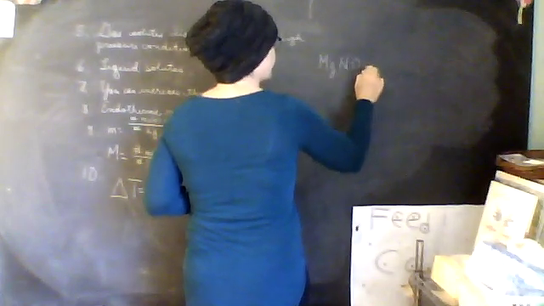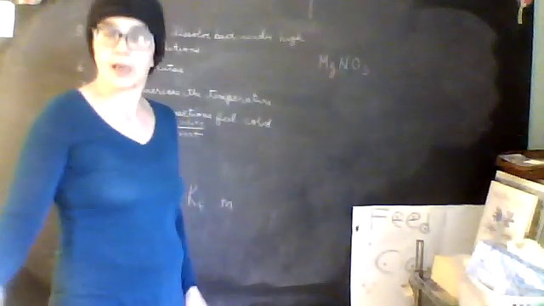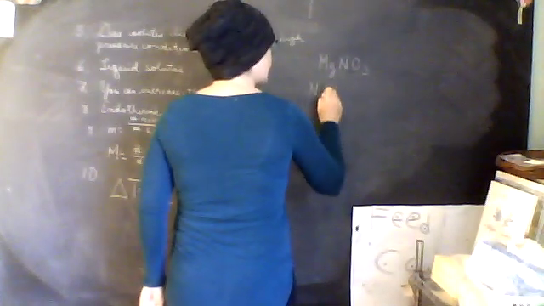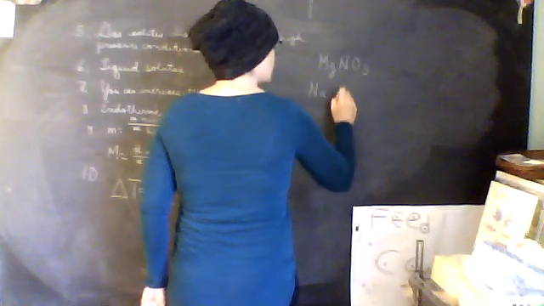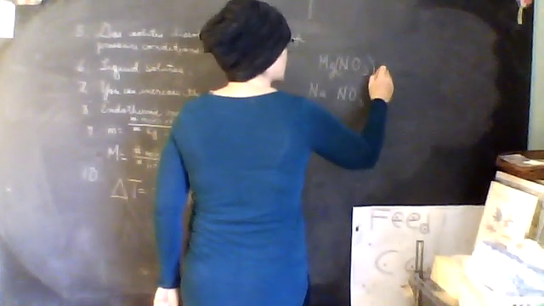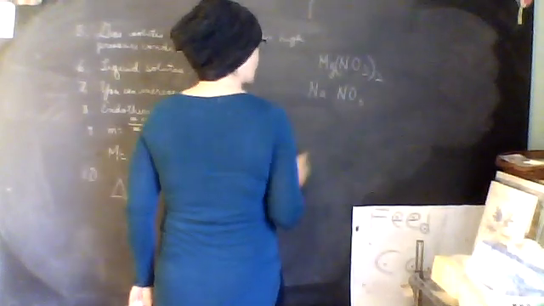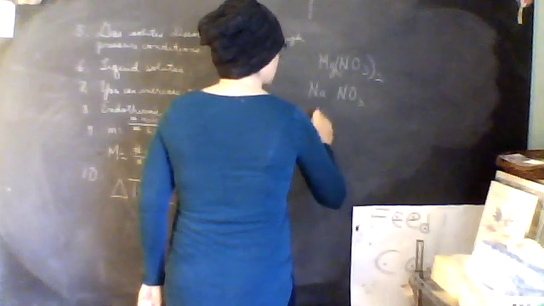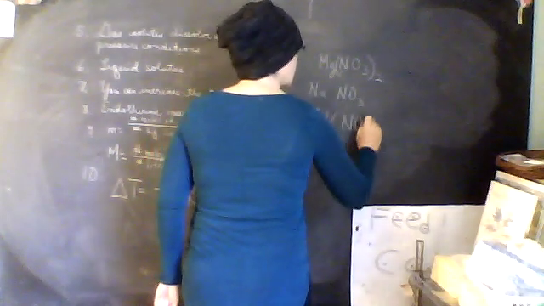What's the other? There's two others. Would you read them to me? Mg(NO3)2. Right, NaNO3. And what's the third, please? Al(NO3)3.